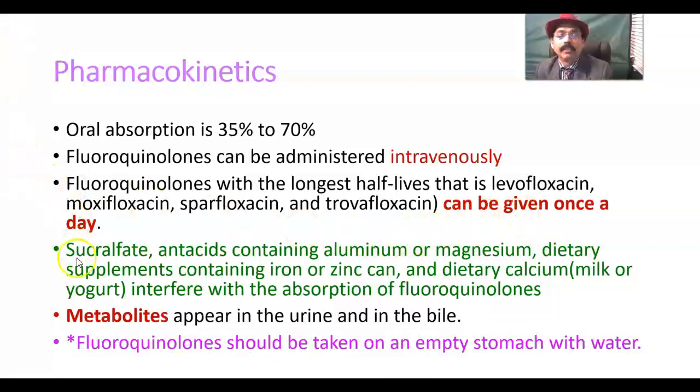You have to remember that sucralfate, which is used in gastric ulcer or other intestinal ulcer, or in case of GERD, also in radiation proctitis, antacids, especially the chewable antacids containing aluminum and magnesium, dietary supplements containing iron, zinc, and dietary calcium like milk or yogurt interfere with the absorption of fluoroquinolone.